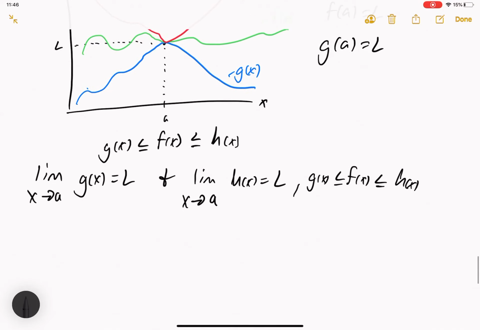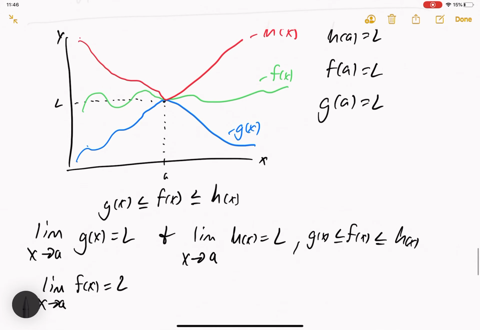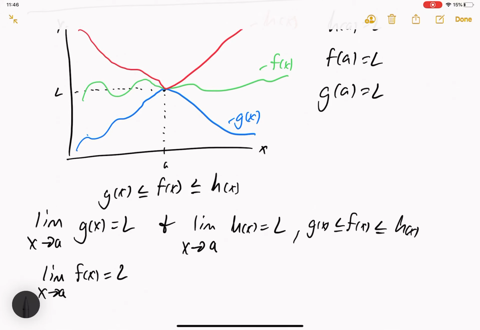So this implies that the limit as x goes to A of f of x is equal to L. And so right here is just a bit of a natural setting. This is just an idea of what's going on.